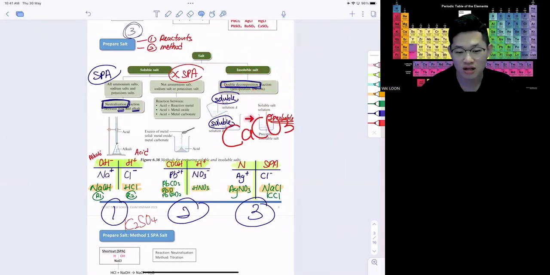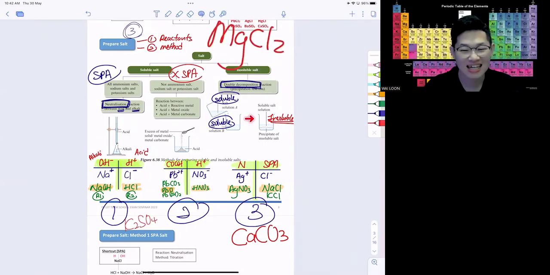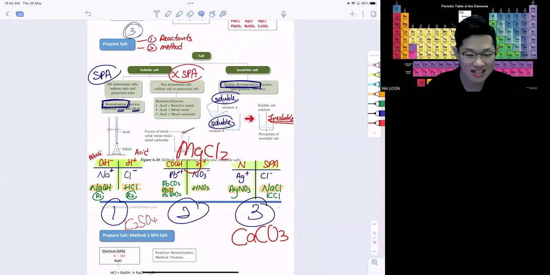So we're going to use the third one, like this. Okay, last, if I want to make magnesium chloride, it must be the second one.